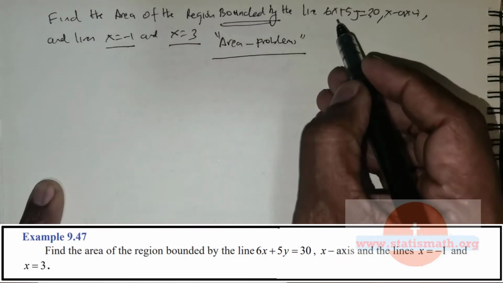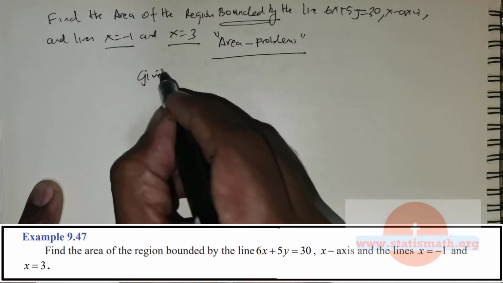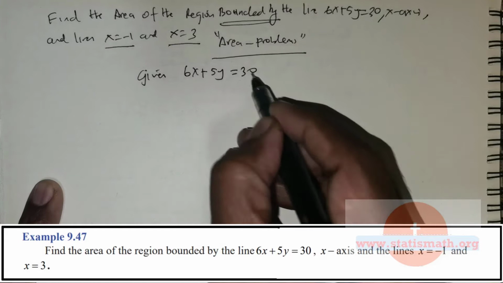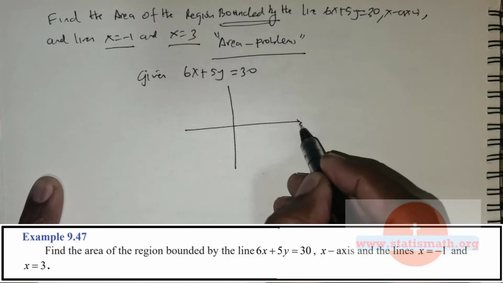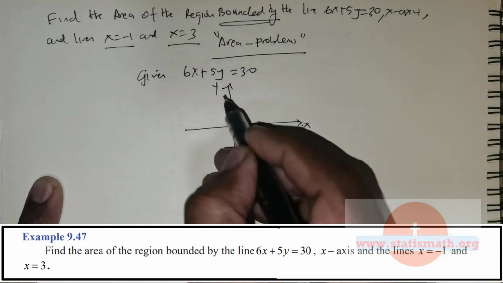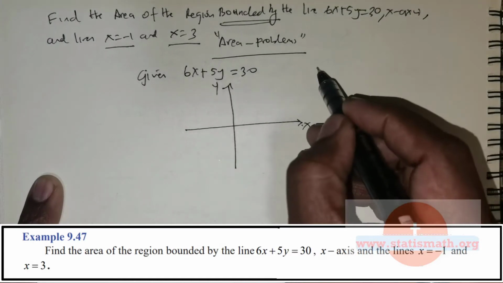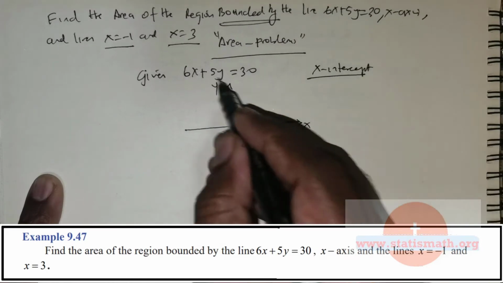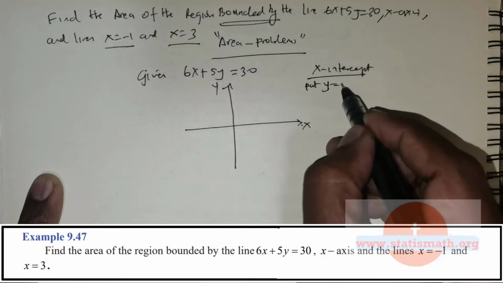So foremost, what you have to do is write down the line. We are given 6x + 5y = 30. Now draw the graph. So this is the x-axis, this is the y-axis. Find the points of intersection. You can get the x-intercept by putting y = 0.